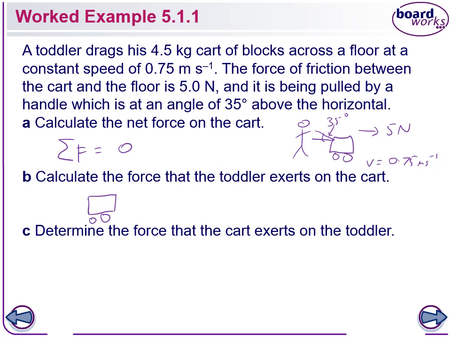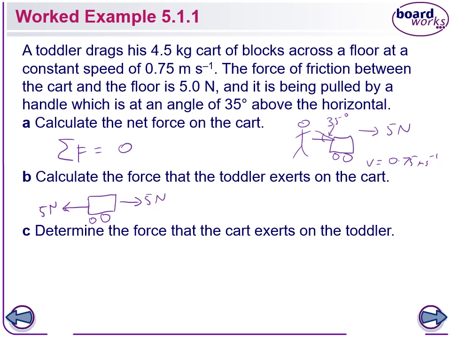We know that there are 5 newtons of friction acting backwards. But we also know the cart is traveling at a constant speed. So what must be the force pulling it forwards? 5 newtons. So there must be 5 newtons pulling it forwards as well as 5 newtons pulling it back.